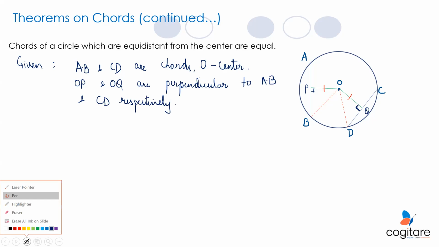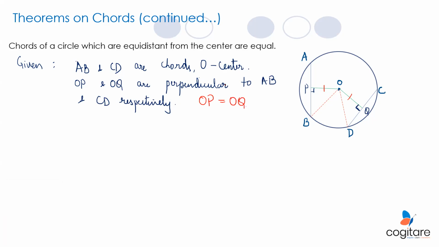And last but not the least, very important thing here, we begin with the fact that OP is equal to OQ. That is what we mean by equidistant from the center. So they are equidistant. We need to prove that the chords themselves are equal. We need to prove AB is equal to CD.